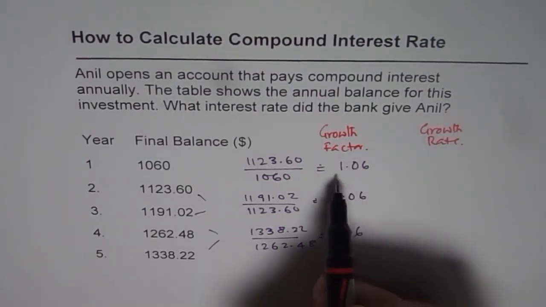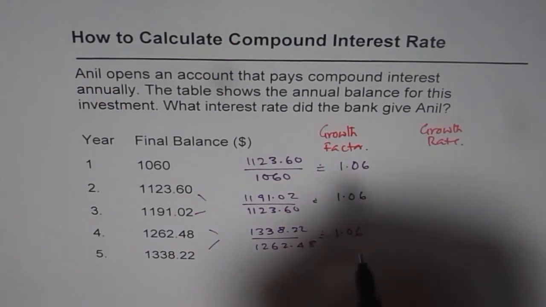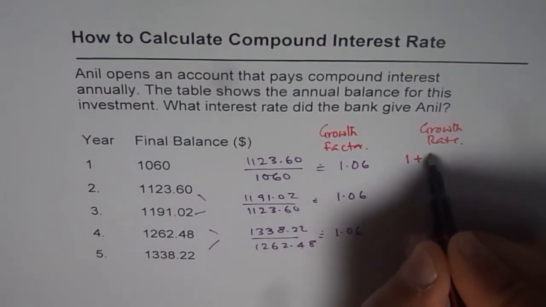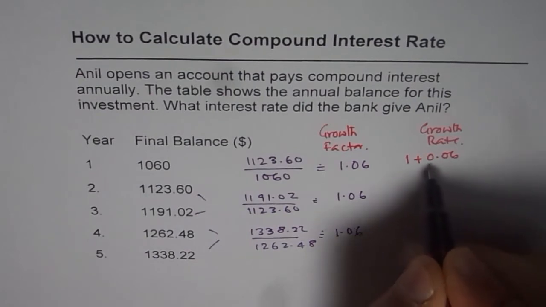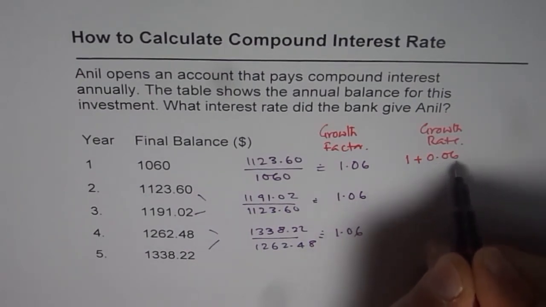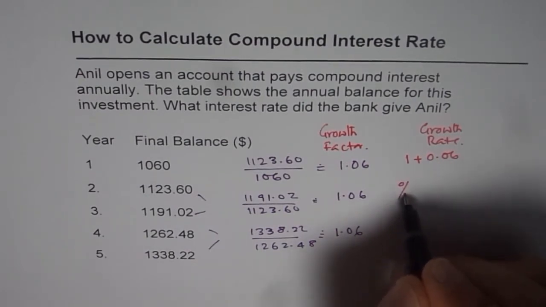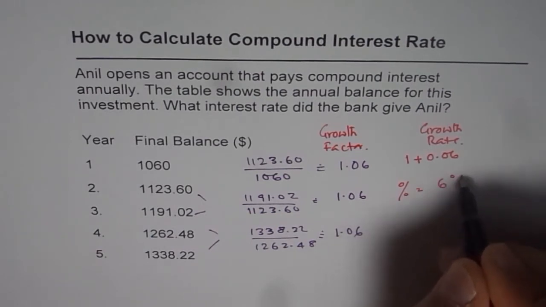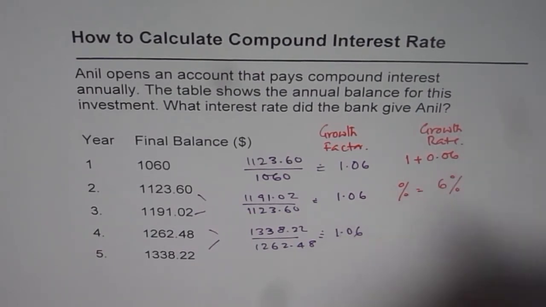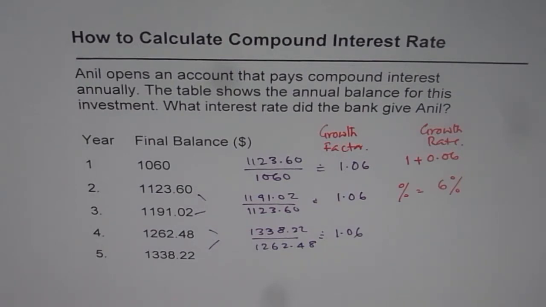That can be found from 1.06, which is 1 plus 0.06. So in decimals, the growth rate is 0.06, and in percent, it is 6%. Do you see that? 0.06 times 100. That is how you can find the interest rate when compound interest is being applied to the account.